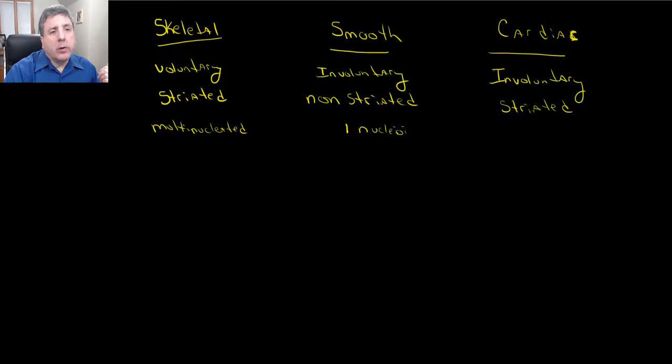And cardiac will either have one or two nuclei per cardiac muscle cell. What else did I want to cover with this? I think that's basically it. And we're going to go over these in much more detail later on.